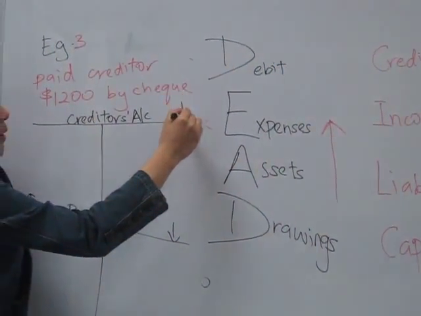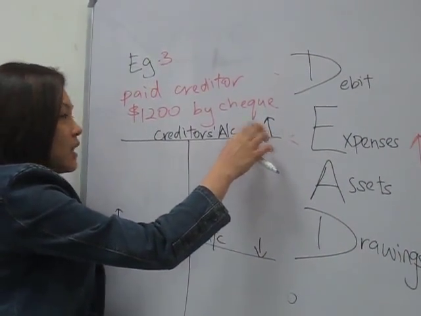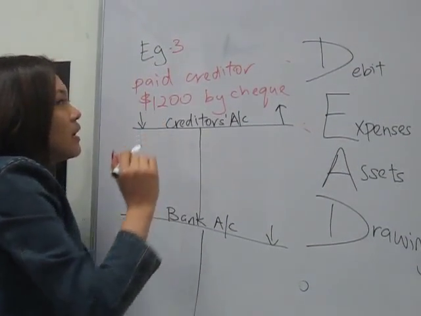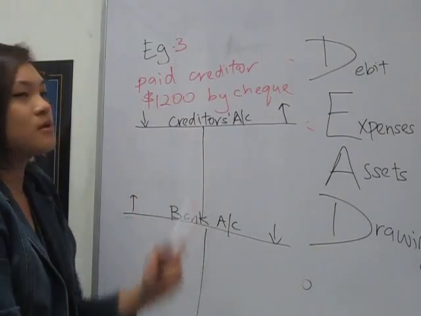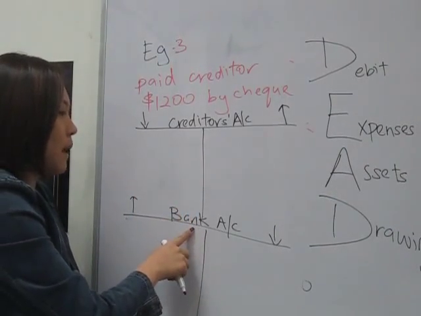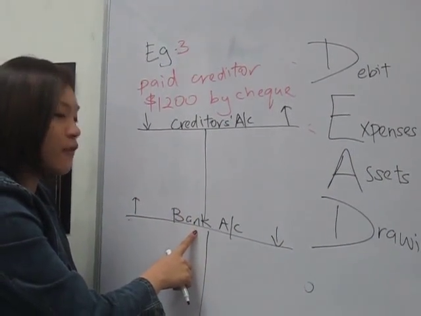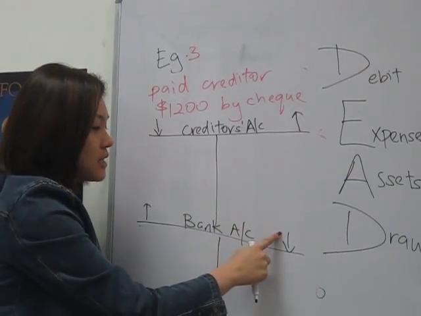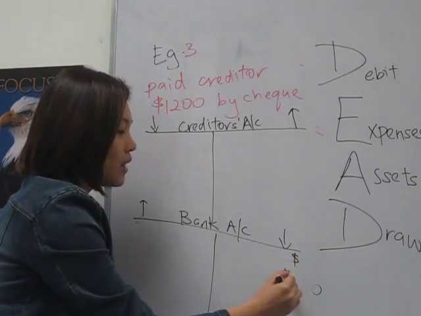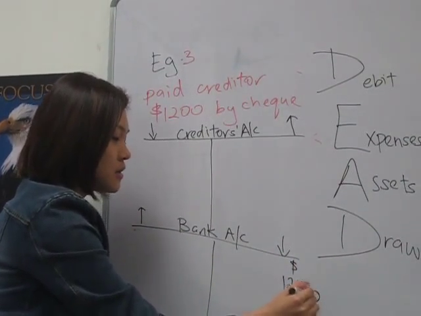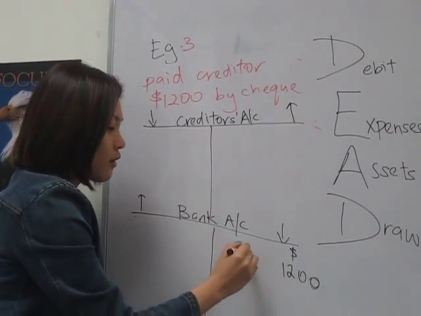Therefore, my arrow will increase on the credit and decrease on the debit. When I pay my creditor 1,200, the money in my bank account will definitely decrease. Therefore, I will credit the bank account 1,200 and I'll write here creditors.